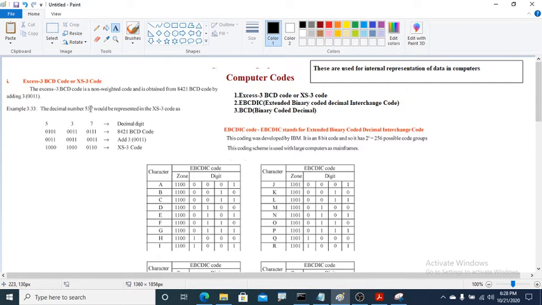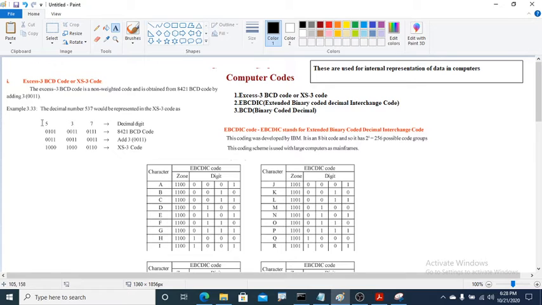The XS3 BCD code is a non-weighted code and is obtained from the 8421 BCD code by adding 3. 3 converted from decimal to binary becomes 0011.